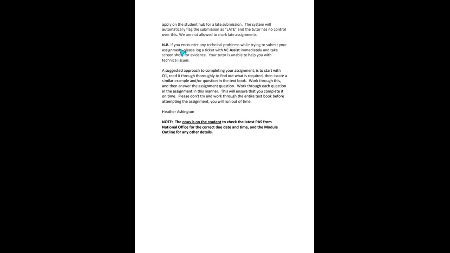Anything else here? Oh yes, one other important thing, if you do encounter any technical IT type problems while trying to submit your assignment, please immediately take screenshots of whatever you've got and let us know via logging a ticket on that VC Assist system with all the details, uploading any screenshots that you've taken to prove that you were trying to upload and that there was a problem.